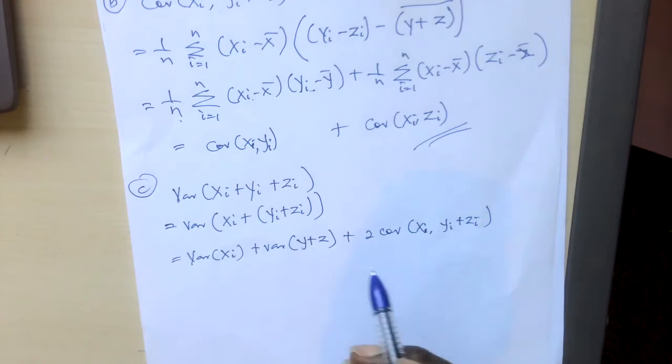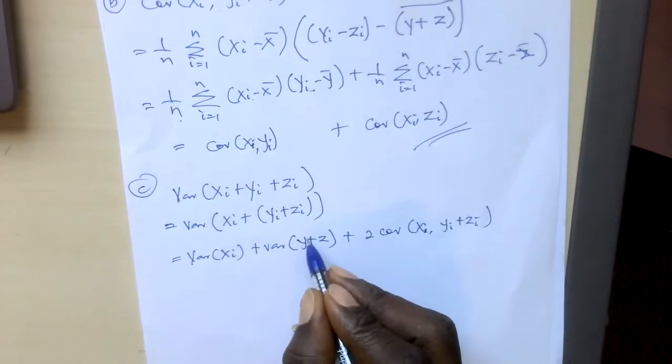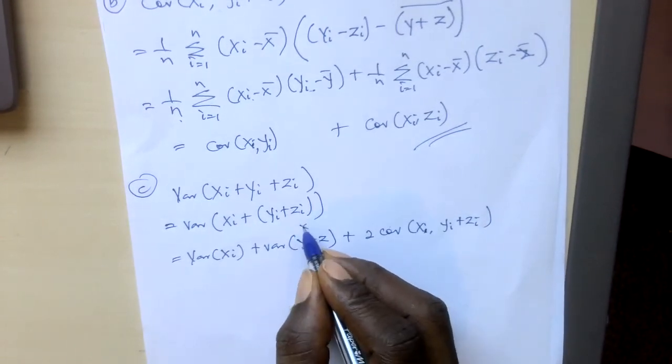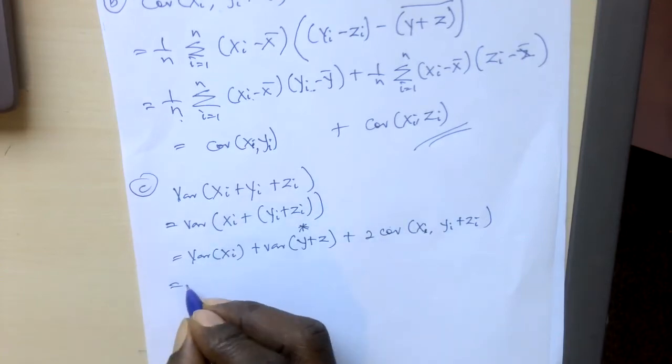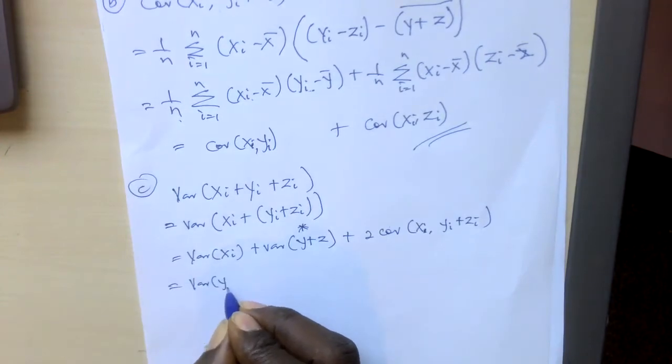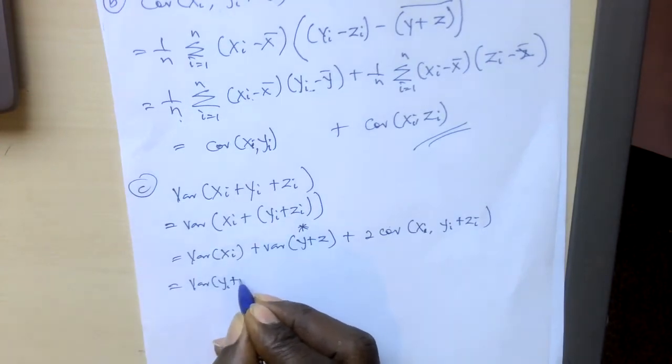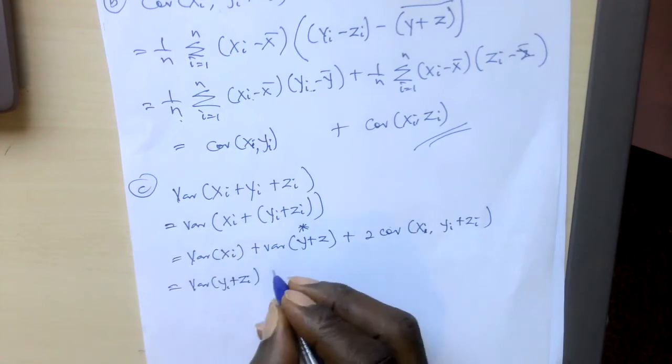So now we can deal with this guy. Let's deal with this first one. This means the variance of yi plus zi. What's the meaning?